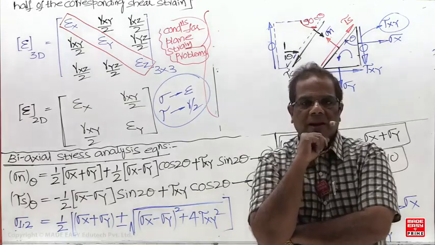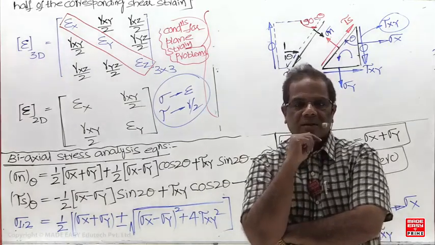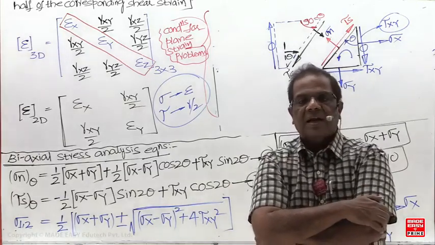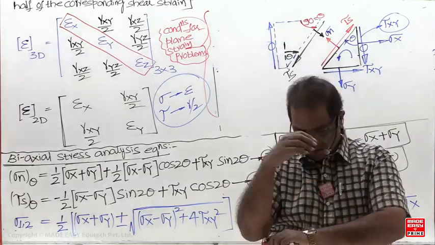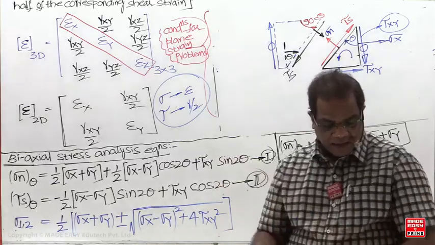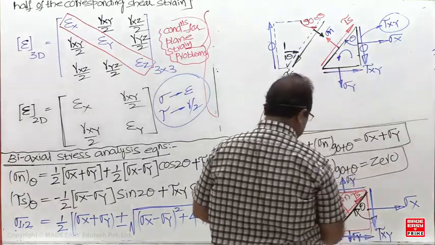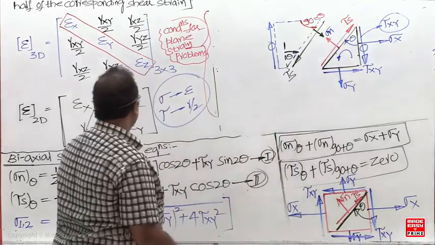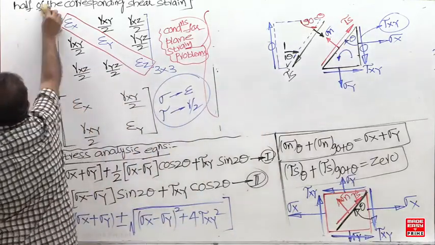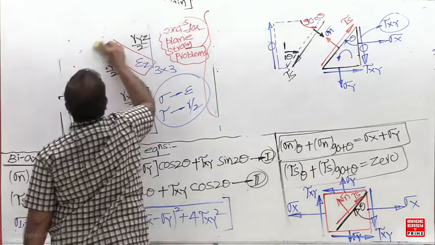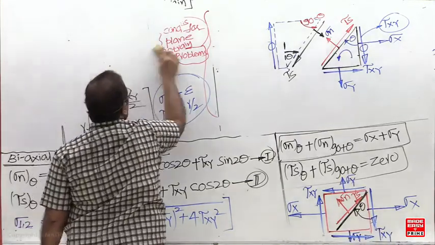Shear stress on oblique plane, tau s, should be considered as positive when it forms a couple in anti-clockwise direction, and vice versa.